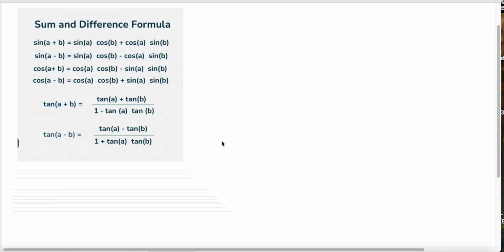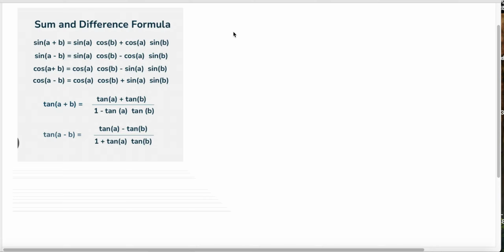What these enable us to do is to find exact values for functions of angles that aren't those 30, 60, 90, 45 angles, or angles who have a 30, 45, or 60 degree reference angle.